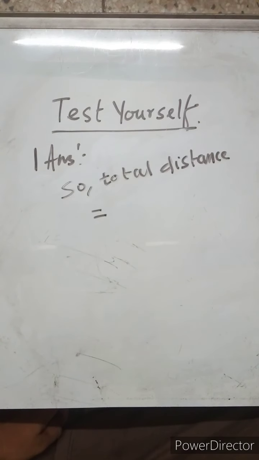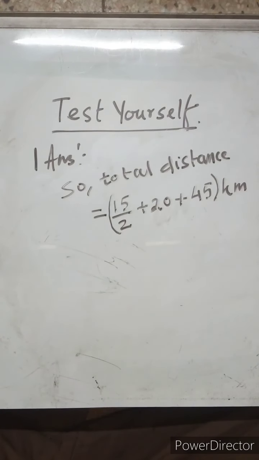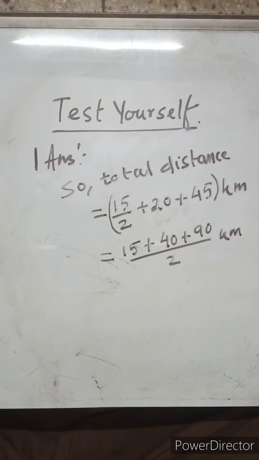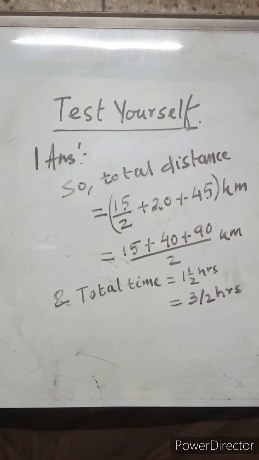So you have the total distance now: 15 by 2 plus 20 plus 45. Taking the LCM to be 2, it is 15 plus 40 plus 90 in kilometers, and the total time is 1.5 hours, which means 3 by 2 hours.